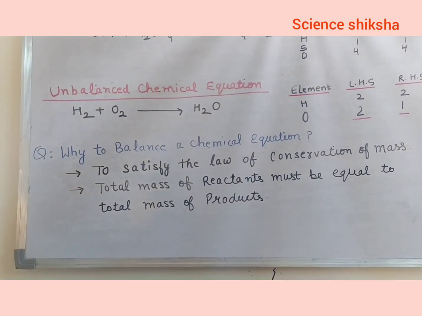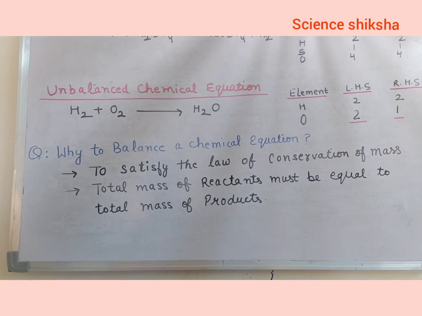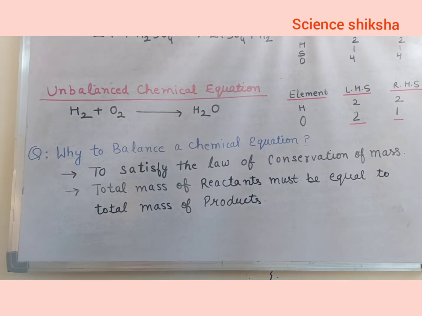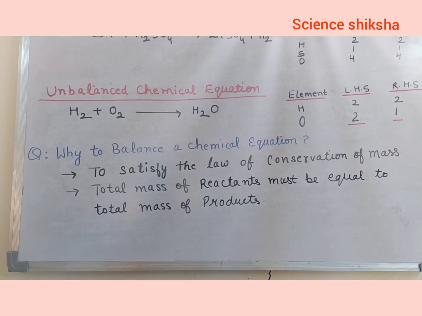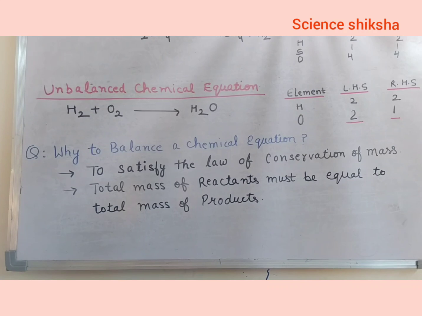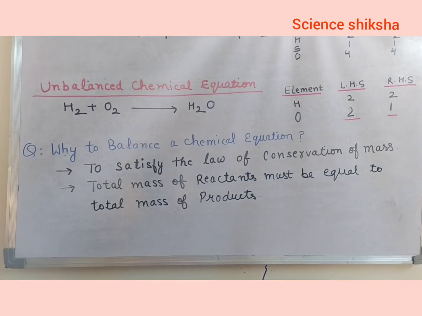So now the question arises, why do we need to balance a chemical equation? This is necessary because according to the law of conservation of mass, mass can neither be created nor be destroyed.